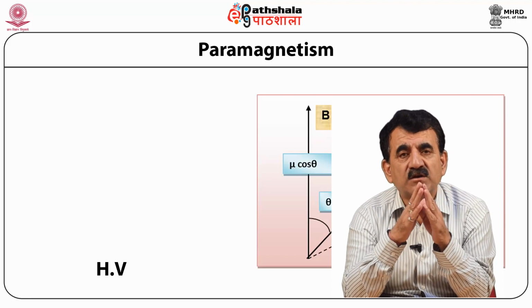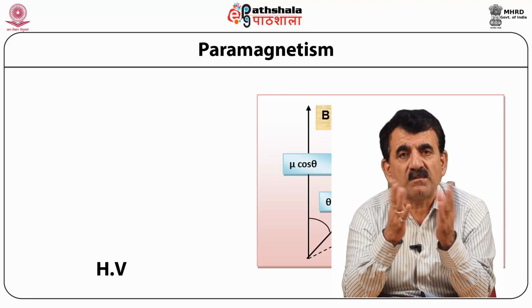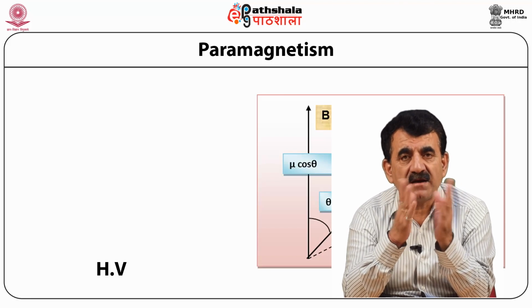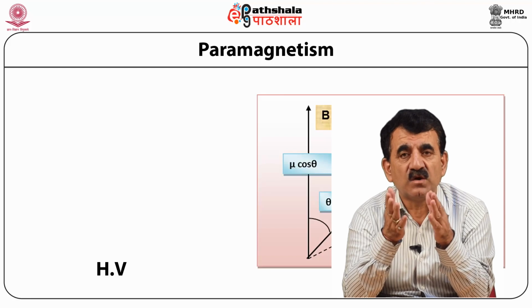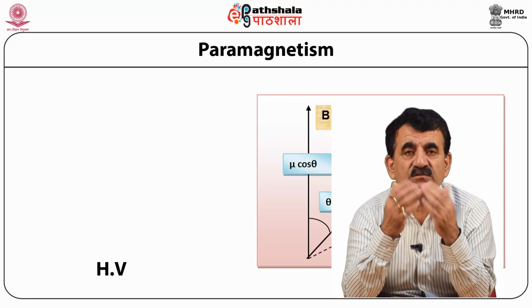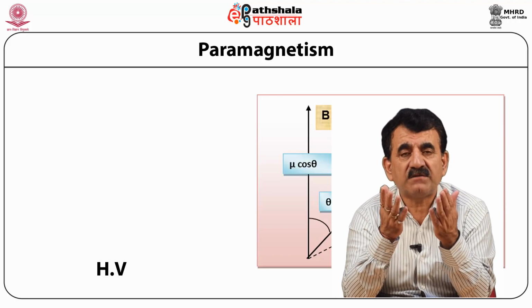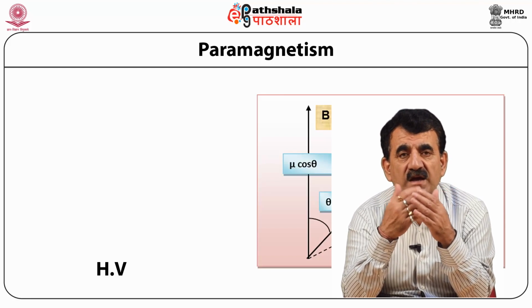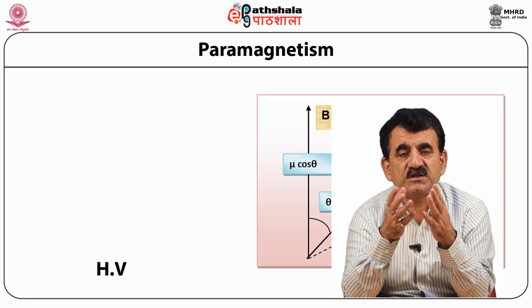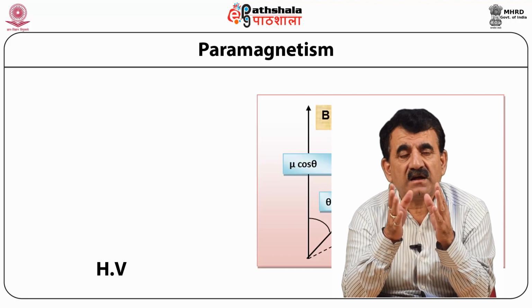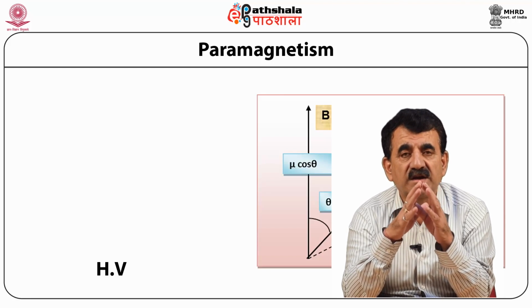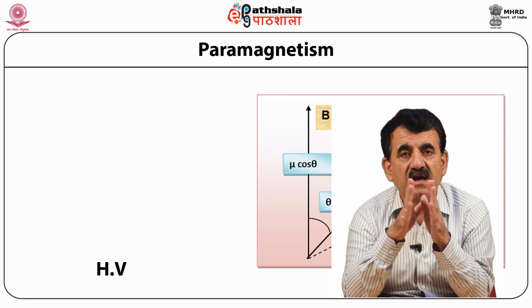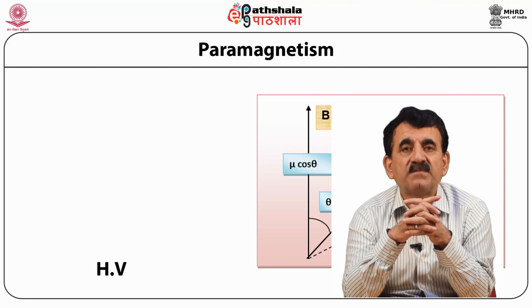Classically it is possible that due to thermal motion the spins of the paramagnetic substance are random, and on average the net magnetic dipole moment is 0 in the absence of a field. But if we apply the magnetic field, then because of the torque experienced by each spin, they tend to align in the direction of the field and give us a net magnetic dipole moment in the presence of the field.